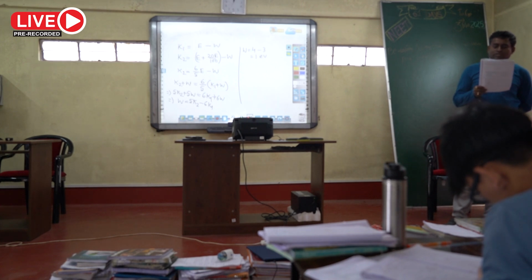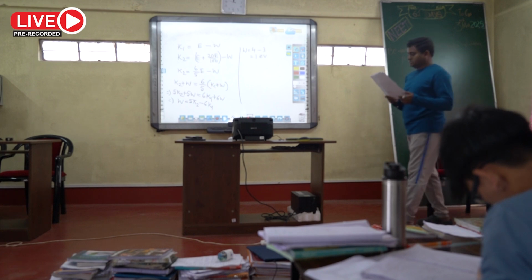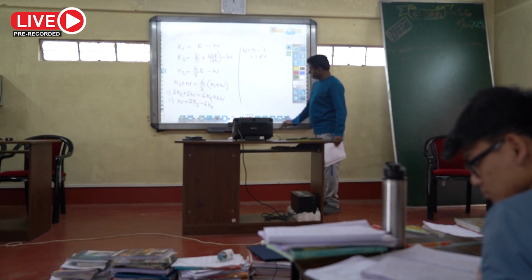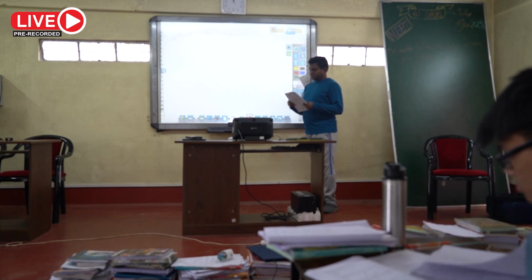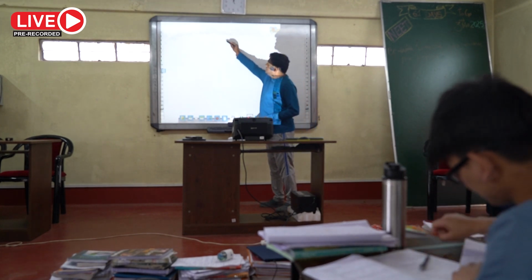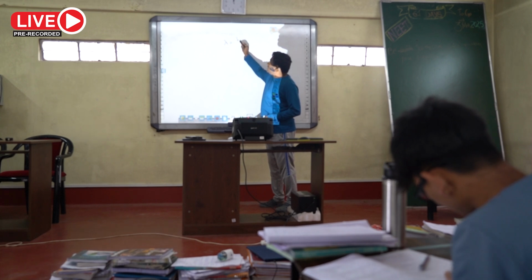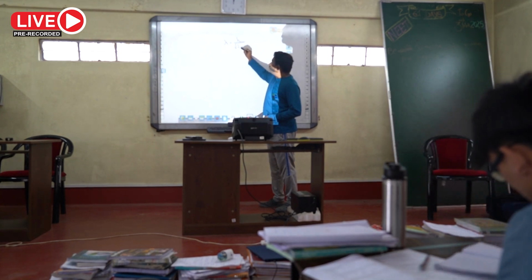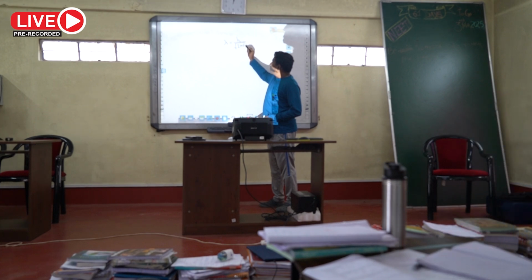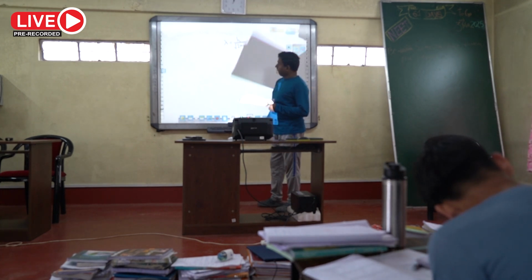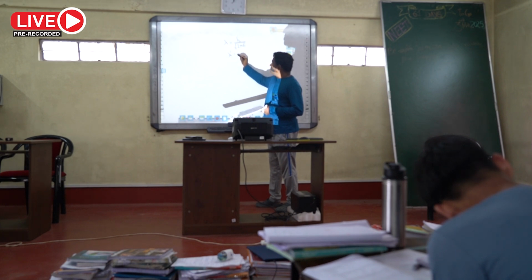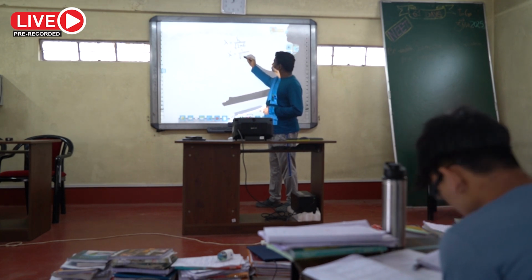If the kinetic energy of a particle is increased 16 times its previous value, what is the percentage change in de Broglie wavelength? See, initially the de Broglie wavelength lambda equal to h by p, that is h by root over 2mE. Then it will be some lambda prime, that is h by root over 2mE prime.